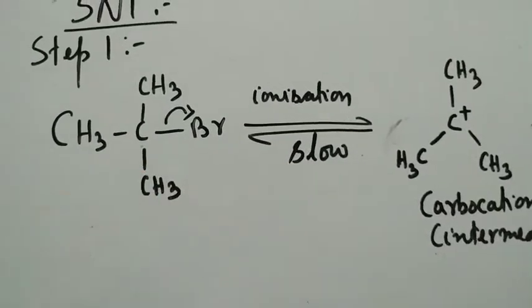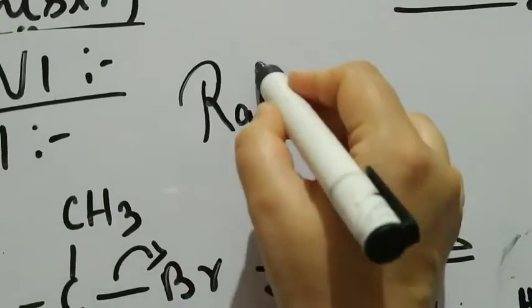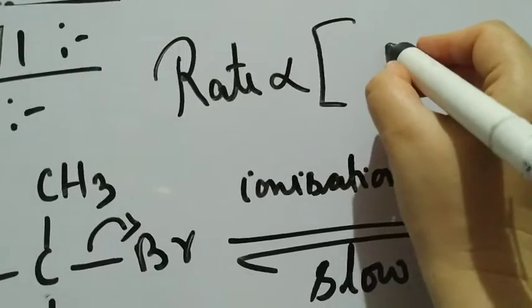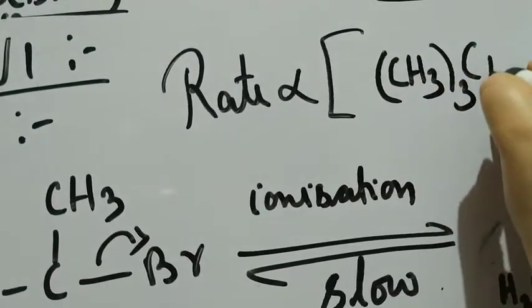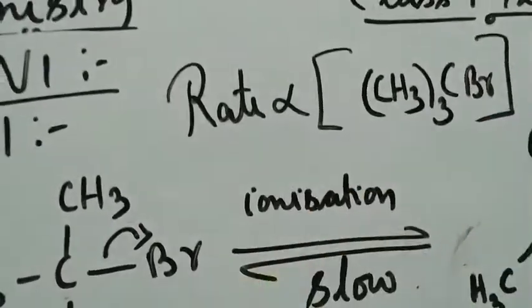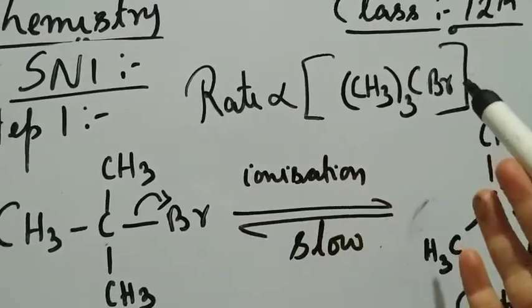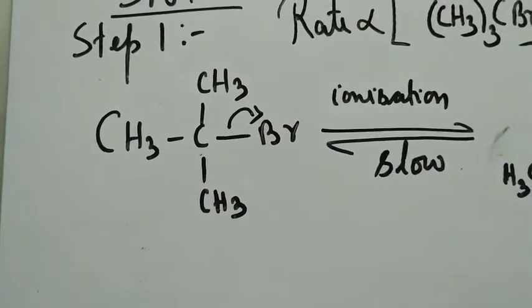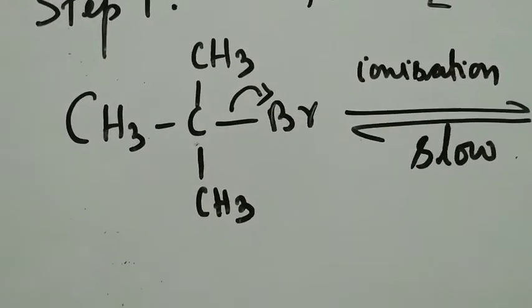Since it's the first step, it is a slow step, and it has been seen that the rate of the reaction is proportional only to the concentration of (CH3)3CBr. Unimolecular, therefore it follows first order kinetics. It's dependent on the concentration of only one reactant, which is tertiary butyl bromide in this case.